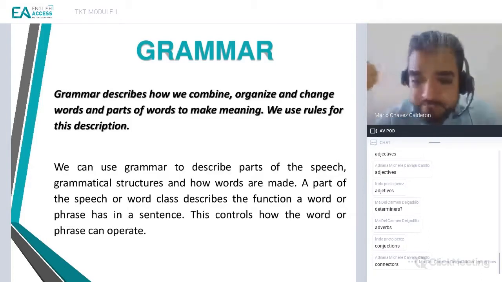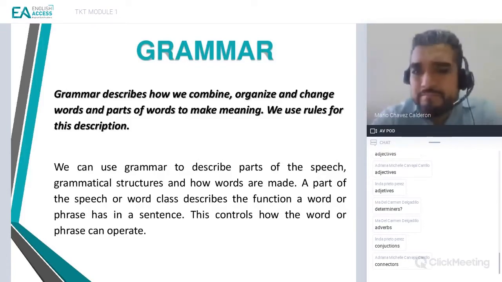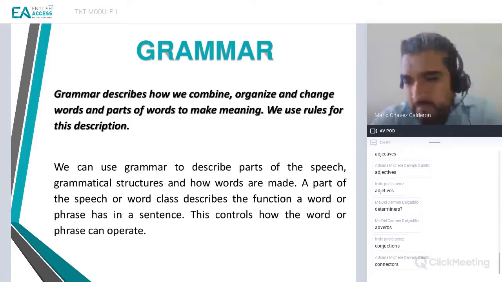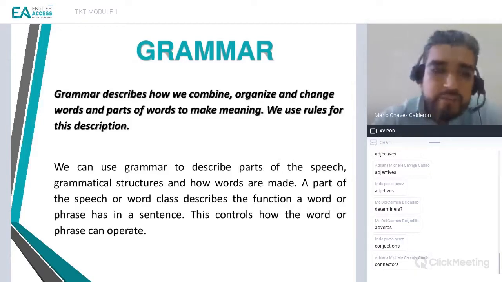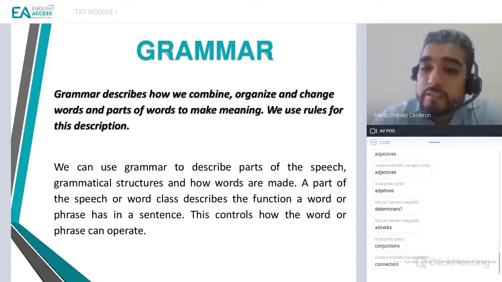All right, no problem. We can call them conjunctions. We can call them connectors. The most common is that we call them conjunctions, right? We can call them linking words.